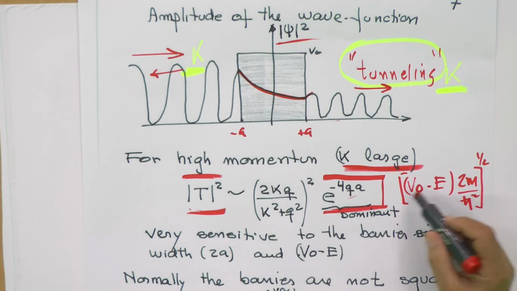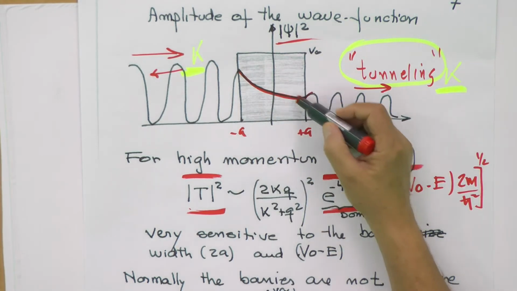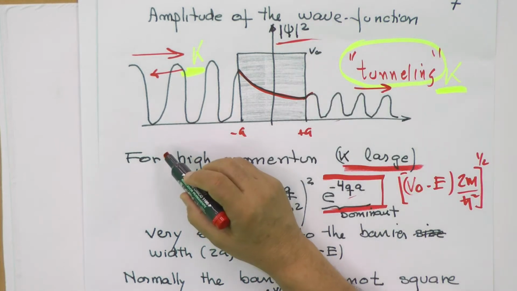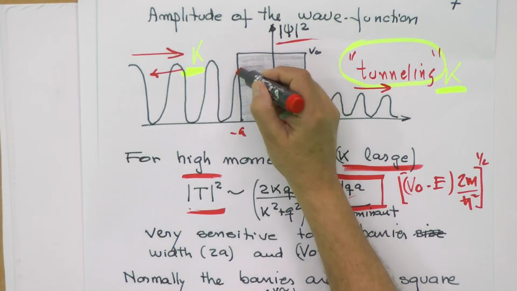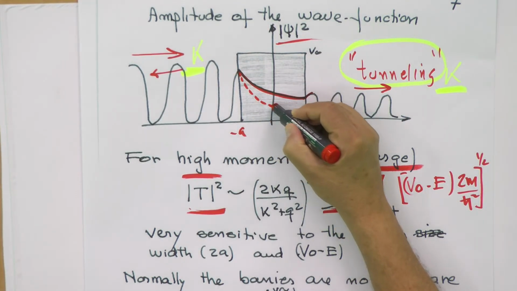If that's big, it means q is very big, and therefore this will be killed. If you have a long barrier, a higher barrier, V0 is big, right? Because this comes with a negative, we kill a lot. So if I have a very large one, maybe this is killing further here.